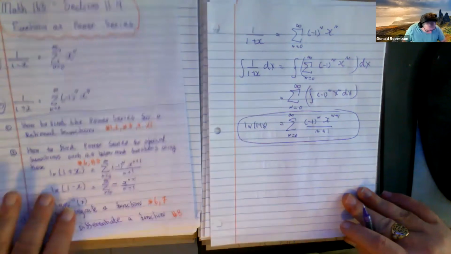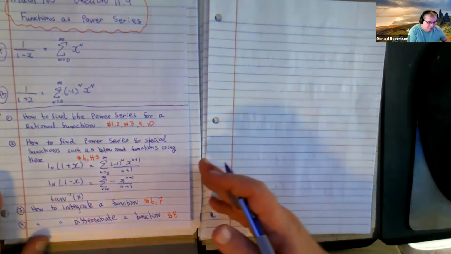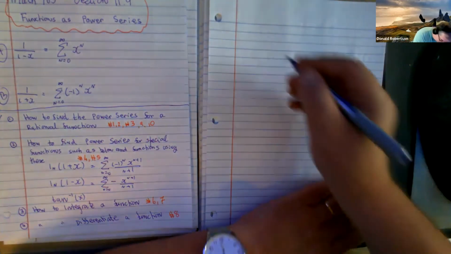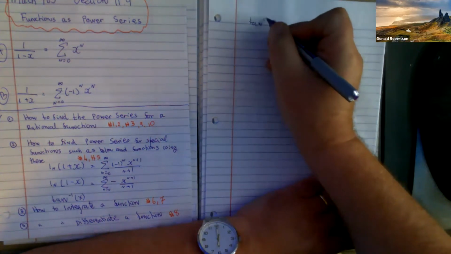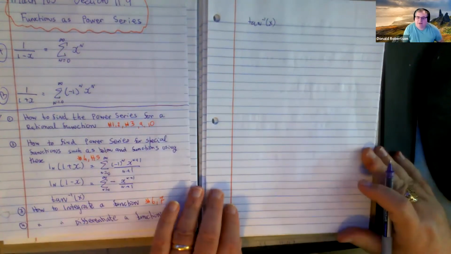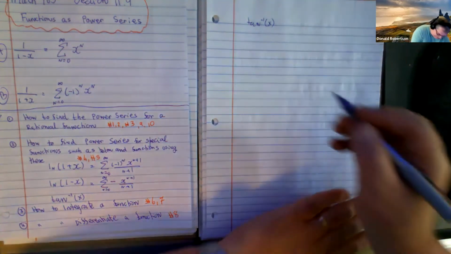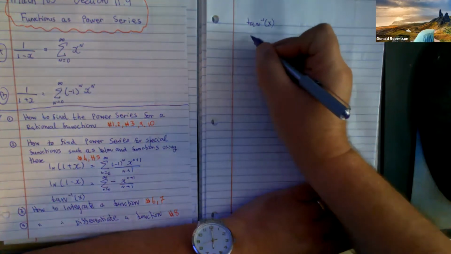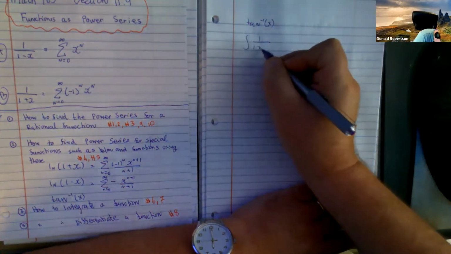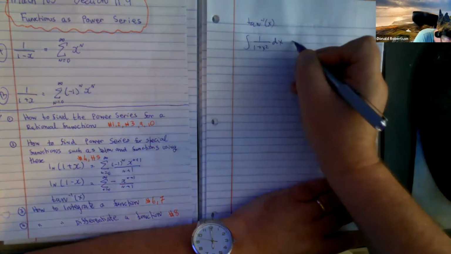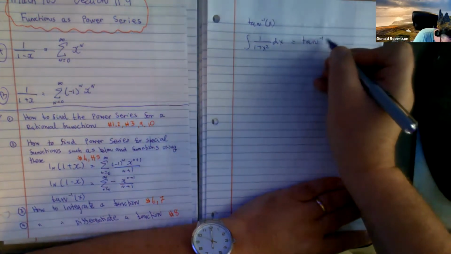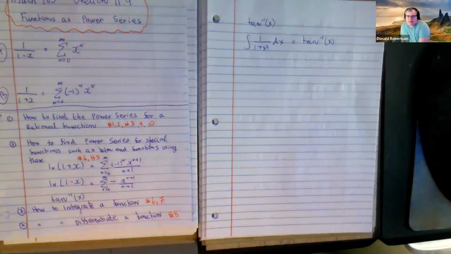And now I've got one more guy to find a power series for, the inverse tan of x. And I'm going to kind of work backwards here. Would you agree that the integral of 1 over 1 plus x squared is inverse tan of x plus c?